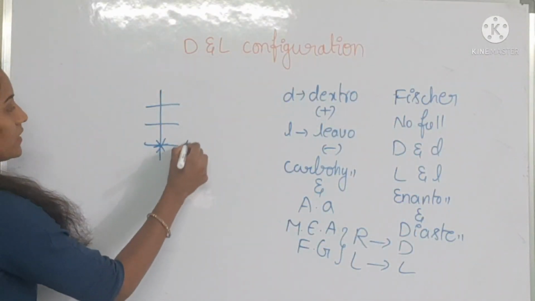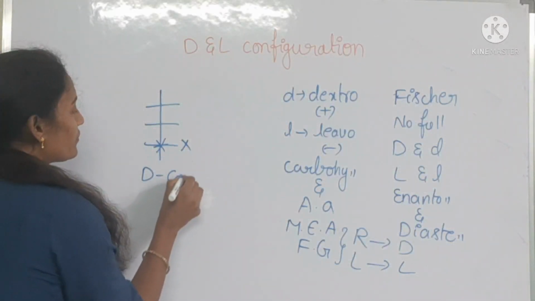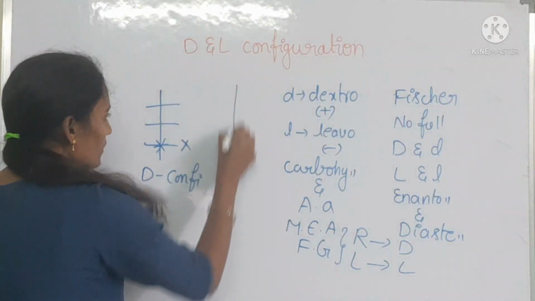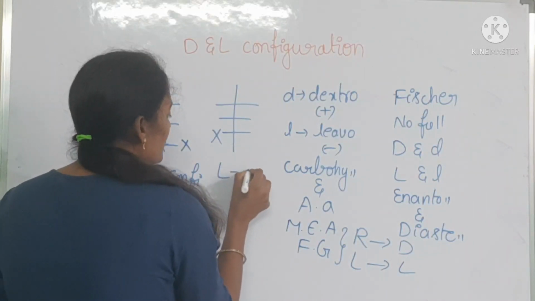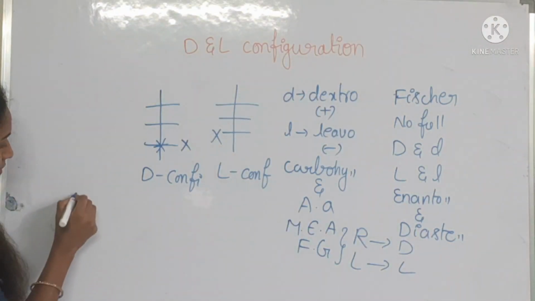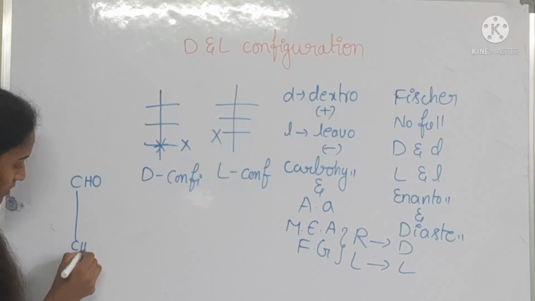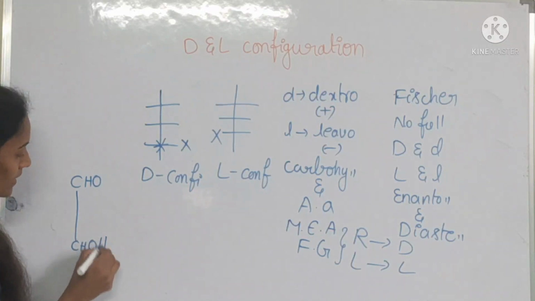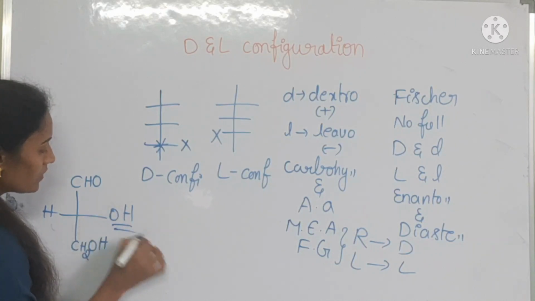See, here it is on the right side, that means it is the D configuration. If it is on the left side, that means that is L configuration. You can take an example here, students. See, this is glyceraldehyde.